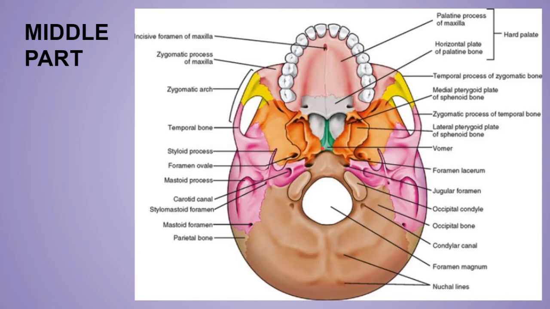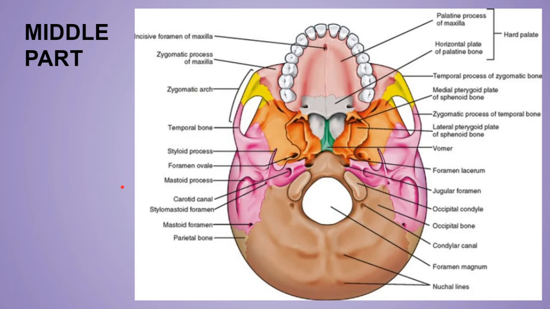That is, the vomer bone and the broad bar of bone formed by the union of the sphenoidal bone and the basilar part of the occipital bone.